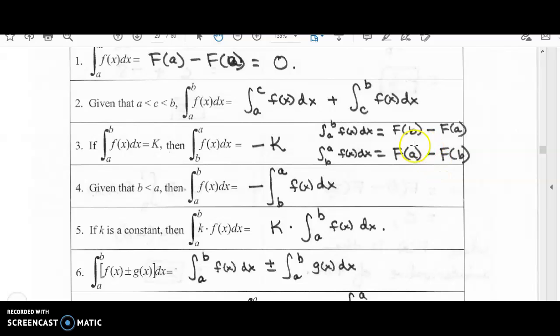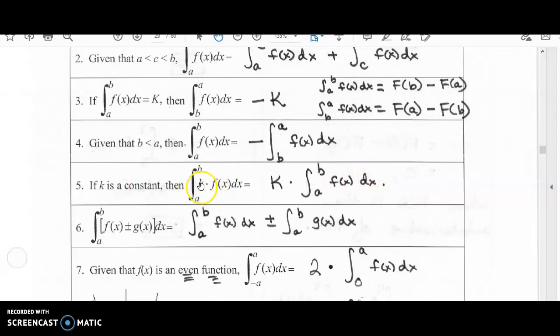In other words, you can flip it around, and you get a negative. They're negatives of each other. I feel like I should probably work that out, but I'm going to leave it as is. Which brings me to number 4, which is pretty much the same thing as number 3: if at any point you need to switch these two values around, you factor out a negative.